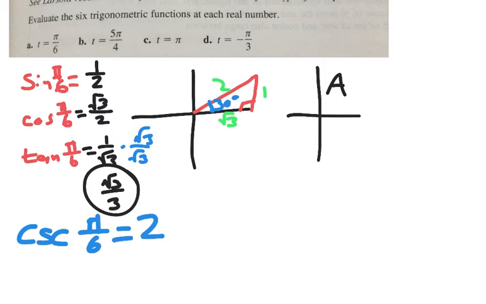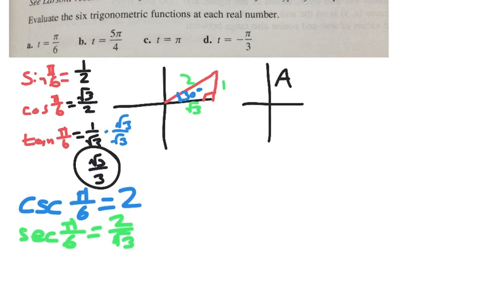So cosine, what's the partner for cosine? So that already has a co in it. It'd be secant, right? Because cosine is the co, so secant would be its partner. And so then secant of pi over 6 would be the reciprocal of cosine. So that would give me 2 over radical 3. Only there's a problem. What's the problem?